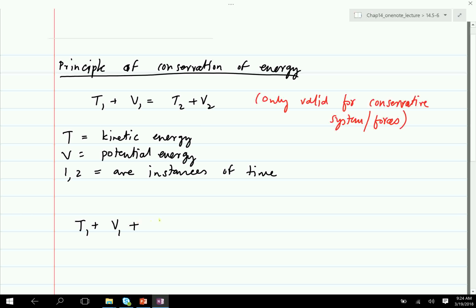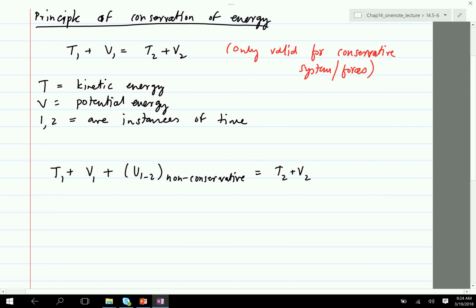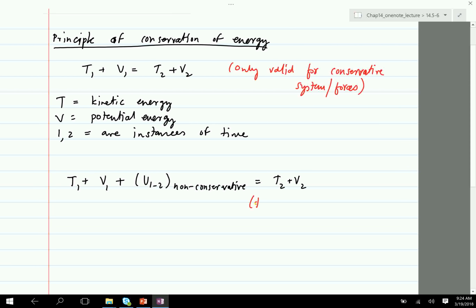T1 plus V1 plus the work done by the non-conservative force equals T2 plus V2. This is true for non-conservative forces or systems.